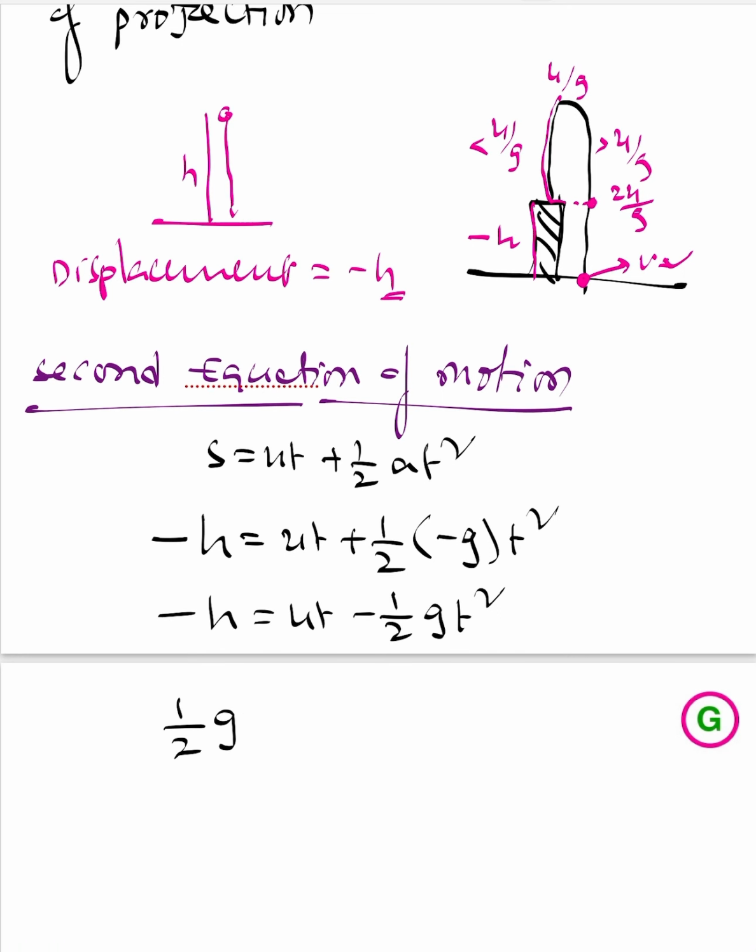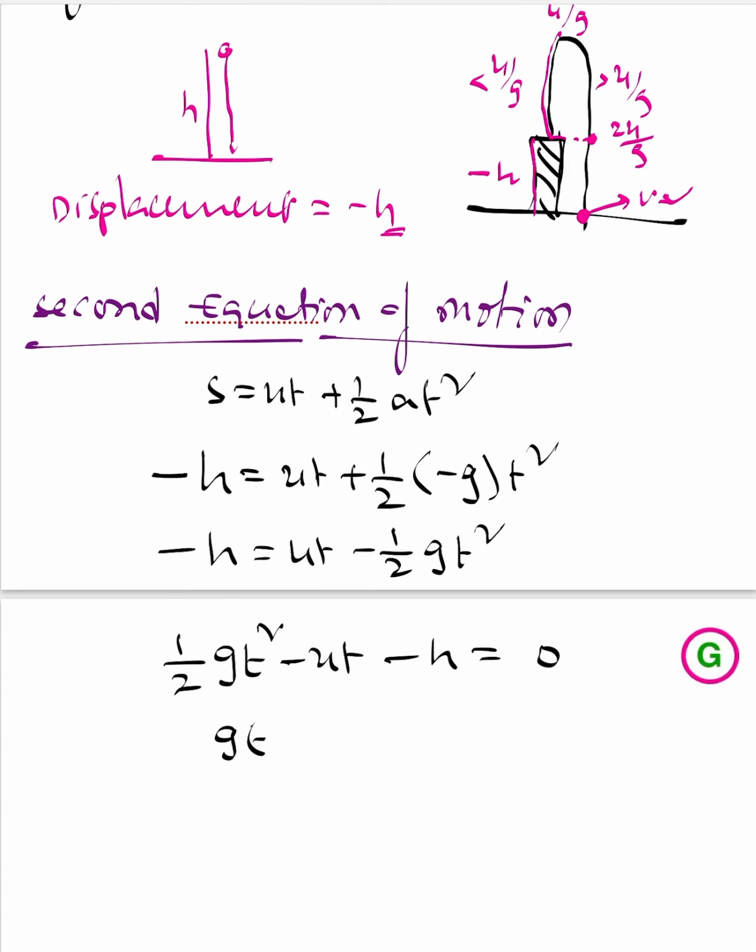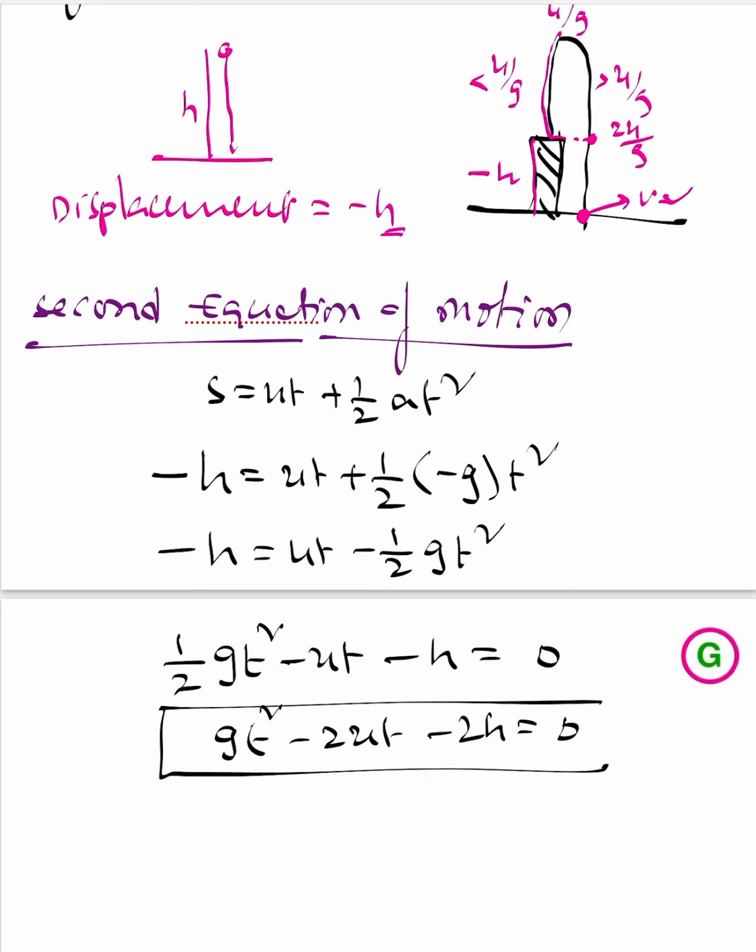So half gt square minus ut minus h equal to 0, then gt square minus 2ut minus 2h equal to 0. From this quadratic equation we can find the time values. This is the second equation of motion.